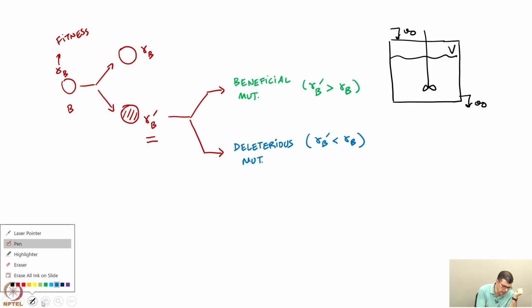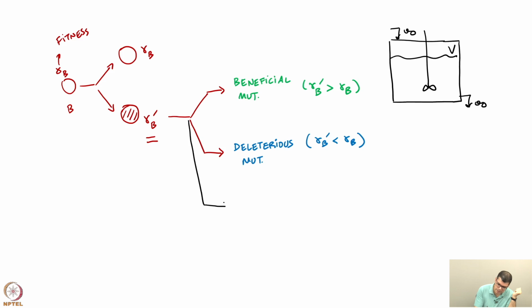We shouldn't forget the third type of mutation that is also possible, the neutral mutation. That a mutation happened, however, that mutation had no effect on growth rate.